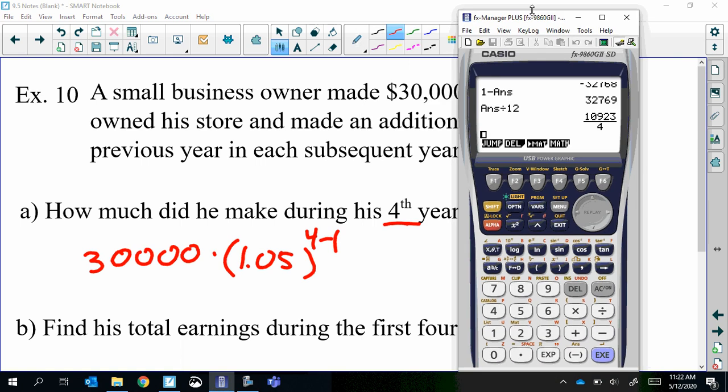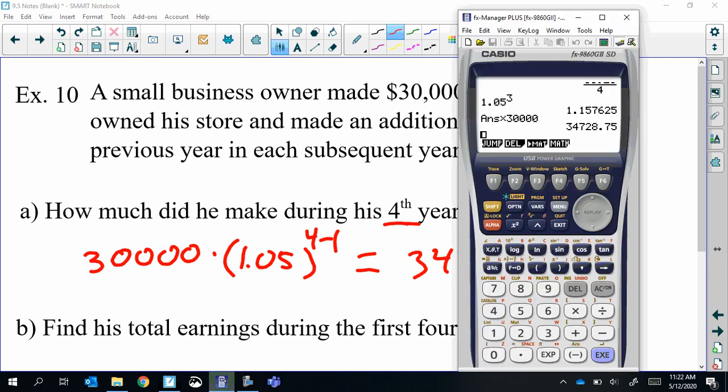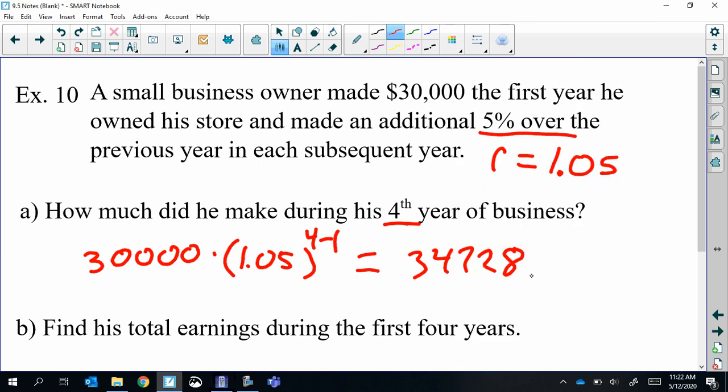So on our calculator, we'll start with 1.05 to the third power, and then times 30,000. So that fourth year, he made 34,728 and 75 cents.